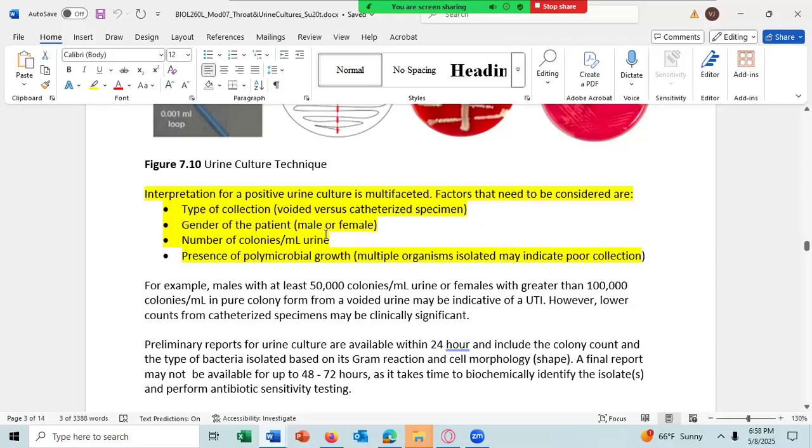The gender of the patient: males have fewer contaminants than females. The number of colonies per milliliter of urine, and then the presence of microbial growth. Like if there are multiple organisms isolated, it may indicate a poor collection technique. Any questions about any of that?